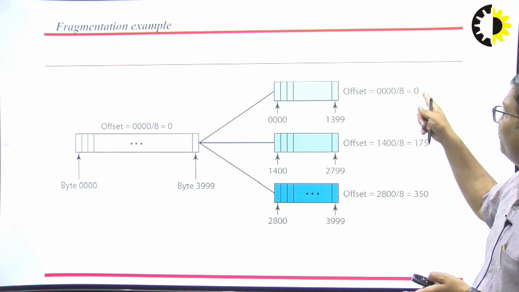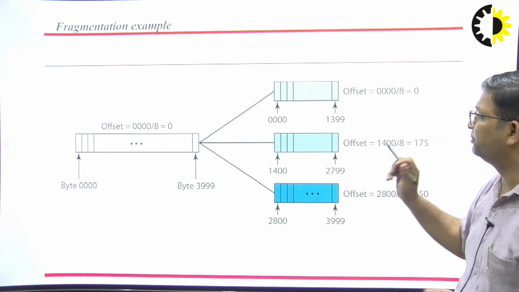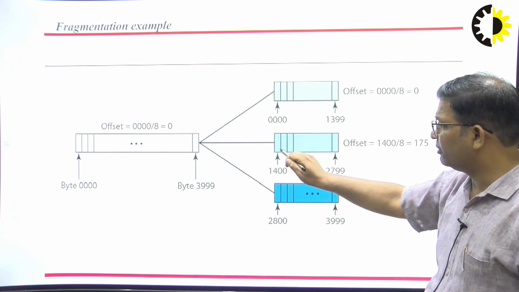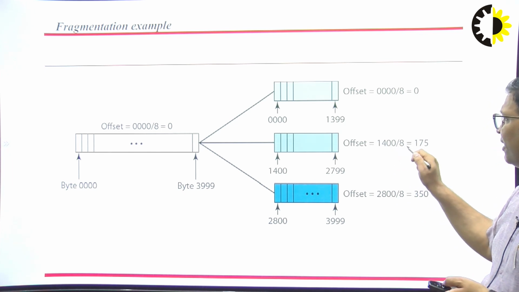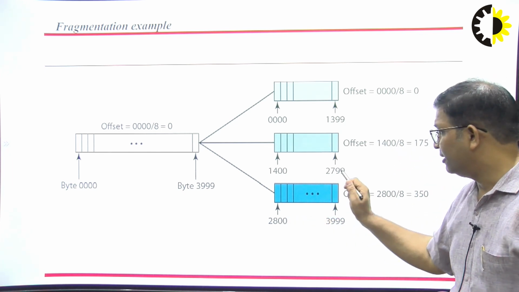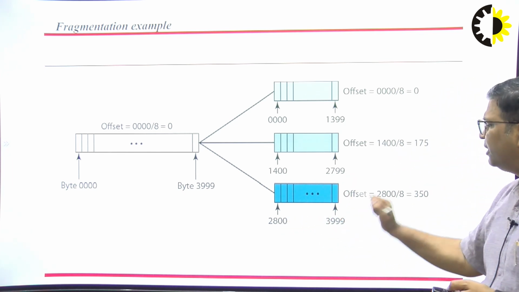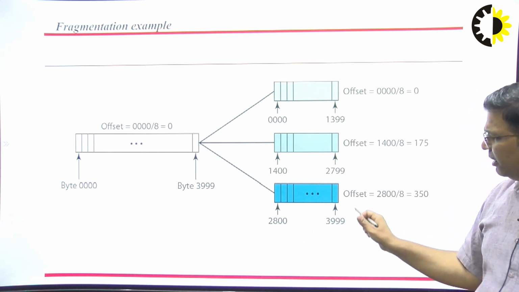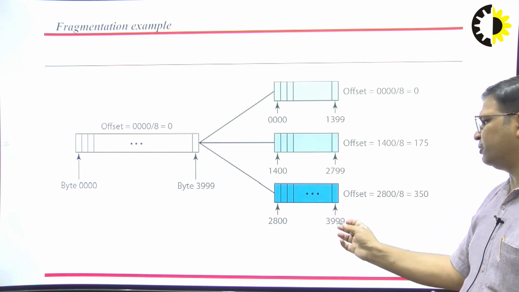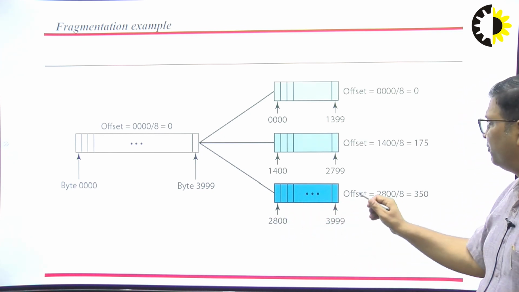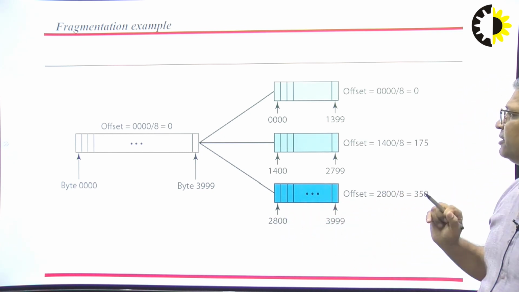This is the fragment identification number. The next fragment is 1400 to 2799, and the offset is 1400 divided by 8, which is 175. Then the last is 2800 to 3999, which is less than 1400 in size, and the offset is 2800 divided by 8, which is 350.